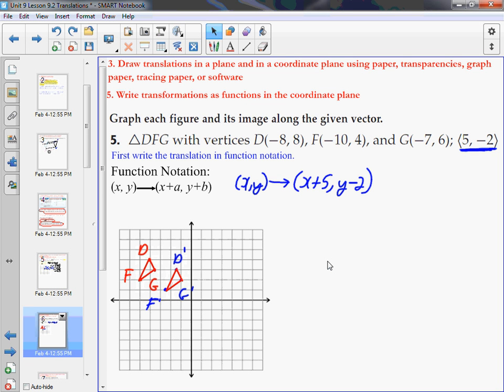Yeah, not bad. Okay. Like with the reflection, we should get congruent figures. If we've done it right, we get congruent figures. Questions?